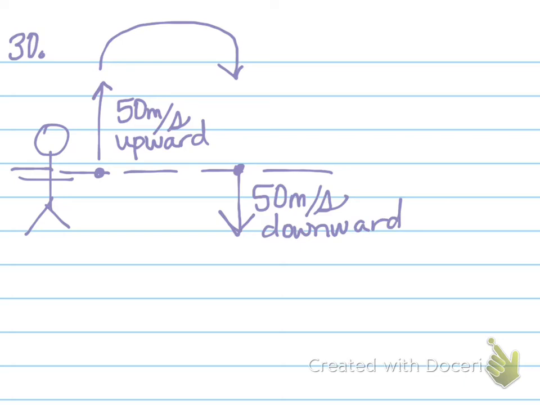At what speed will it return to its initial level? 50 meters per second, downward. Where in its trajectory will it have minimum speed? Right at that very top location, when it momentarily doesn't have any vertical component. Because our trajectory would have looked like straight up and straight down. So that's number 30, and we have our minimum speed at the top.